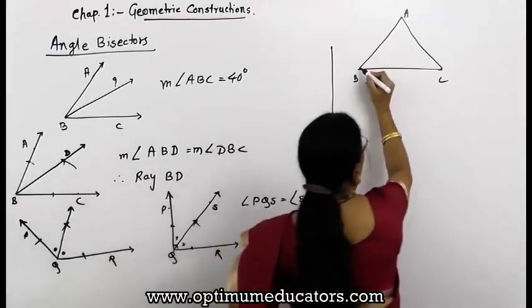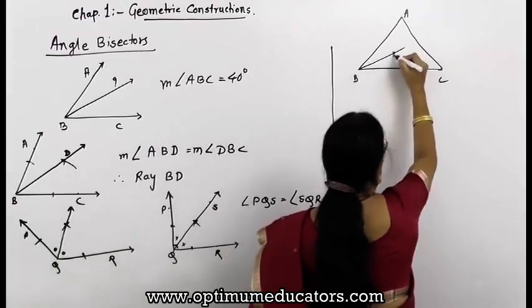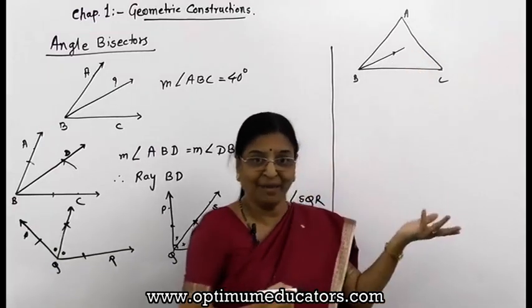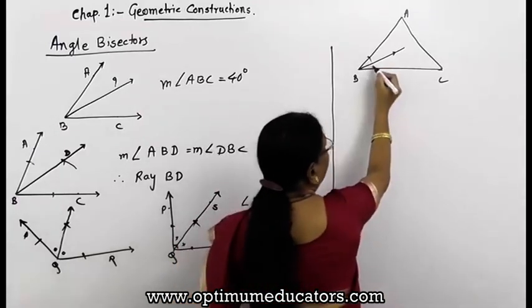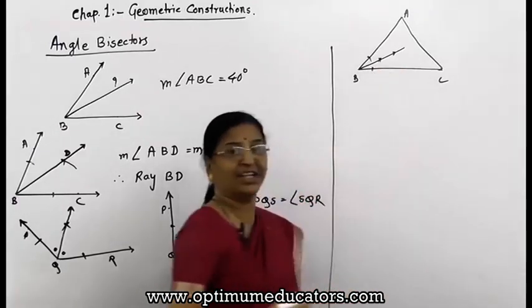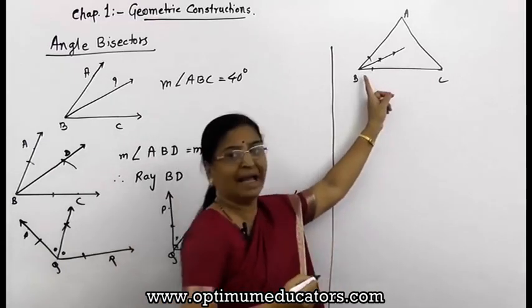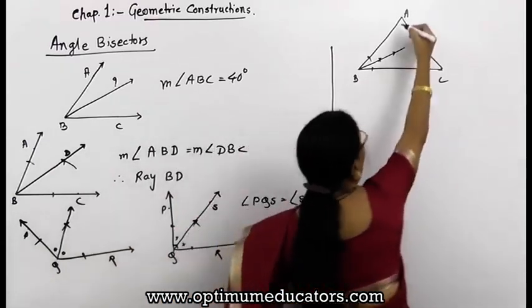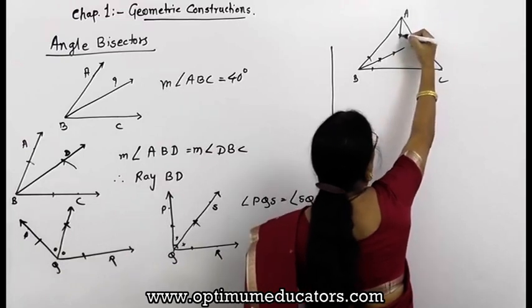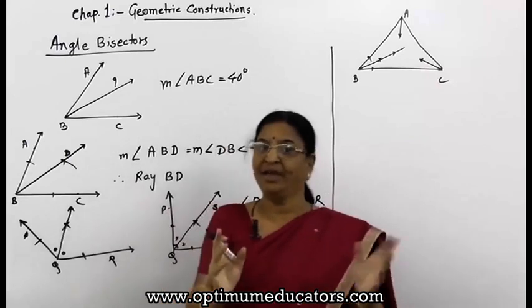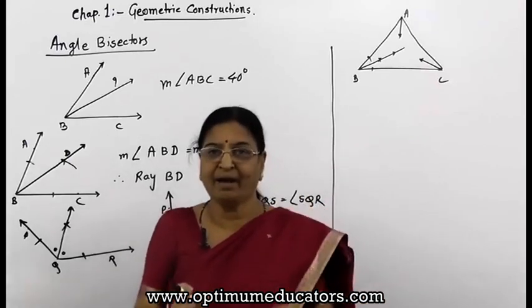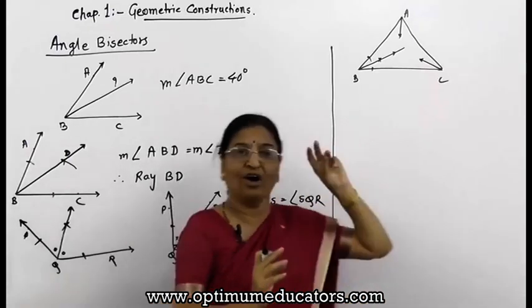You can draw an angle bisector for B. With the same method, you use the compass box, and making the same points of intersection, you find the angle bisector of B. Similarly for A also, and similarly for C also. Here you can find three angle bisectors of a triangle.